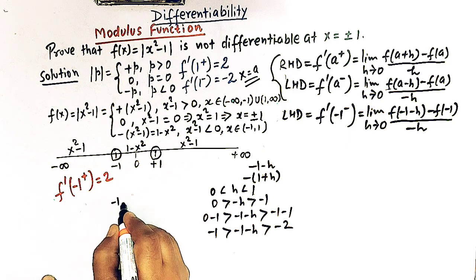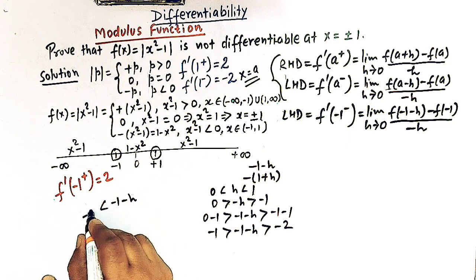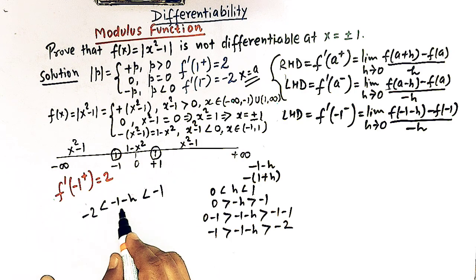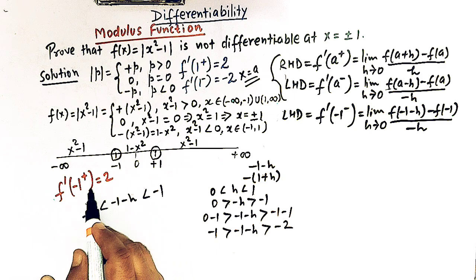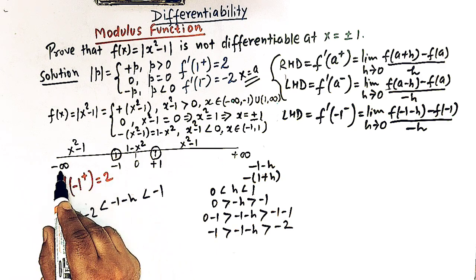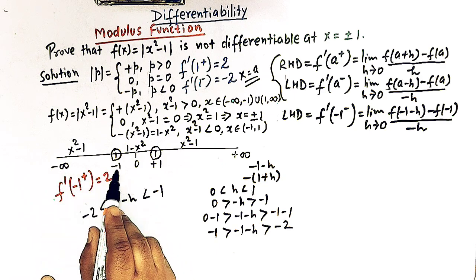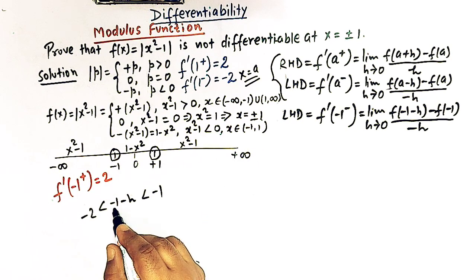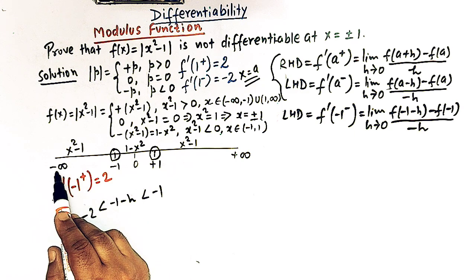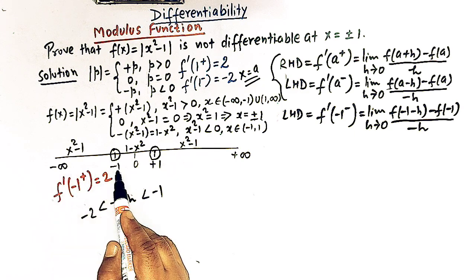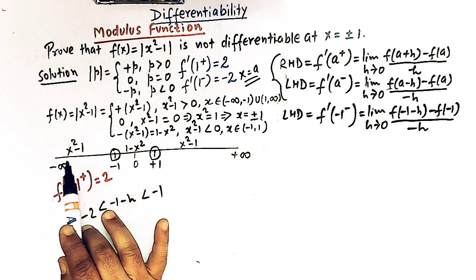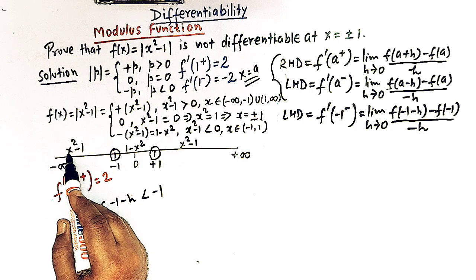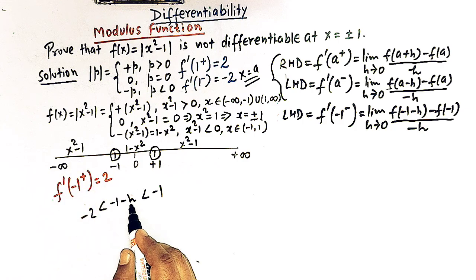So minus 1 minus h is greater than minus 2 but less than minus 1. So minus 1 minus h lies in this interval, that is minus infinity to minus 1, right? So when minus 1 minus h lies in this interval, the form of the function f of x is given by x square minus 1.